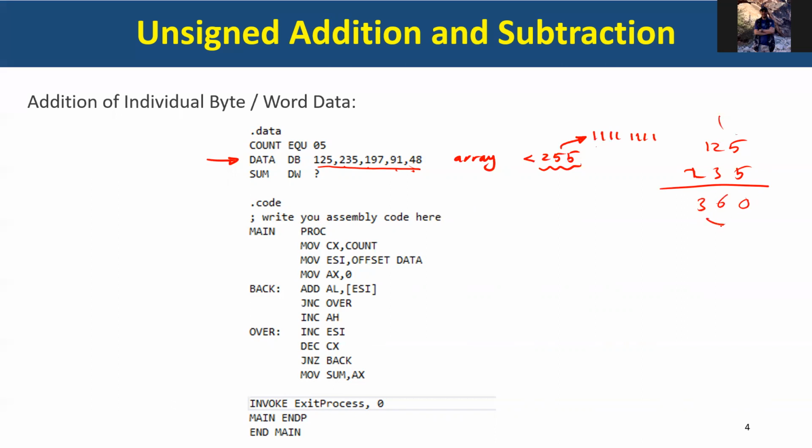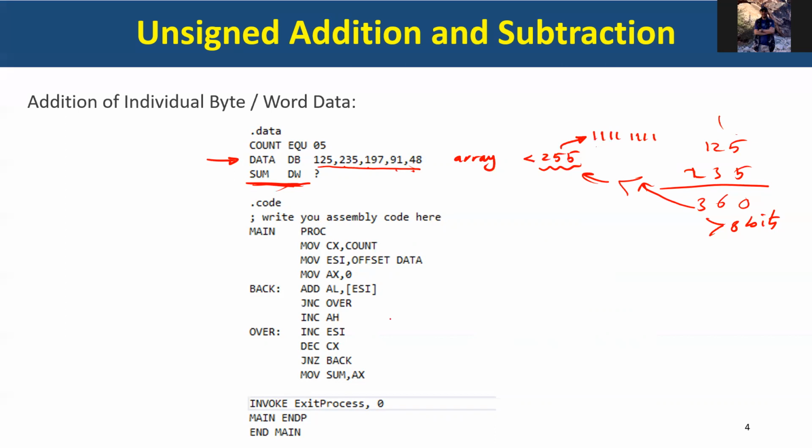This is more than 8 bits, because this number is greater than 255, and 255 is 8 bits. So 360 for sure needs more than 8 bits. That's why the variable in which we're going to store the final result is a word. Okay, sum here is a word.